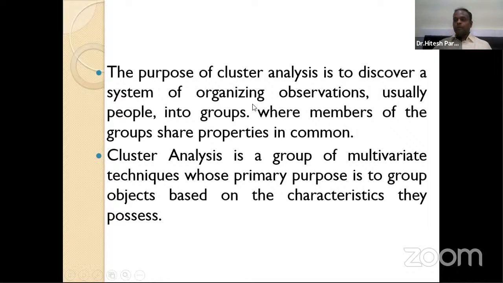Whatever number of respondents share common properties will be clubbed into a group. Cluster analysis is a group of multivariate techniques whose primary purpose is to group objects or people, our respondents, based on the characteristics they possess.